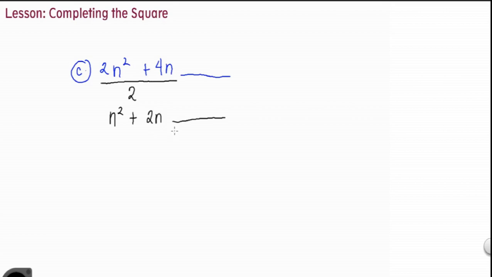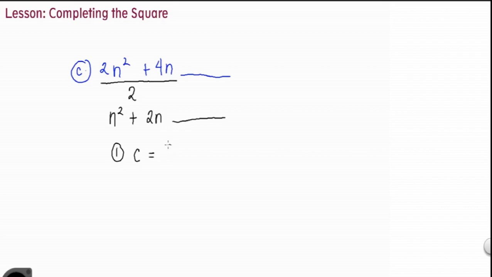Okay, so now our a is already 1. So we can apply the 3 simple steps. Okay, for the first step, let's get the third term first. So we have c equals b over 2 quantity squared.